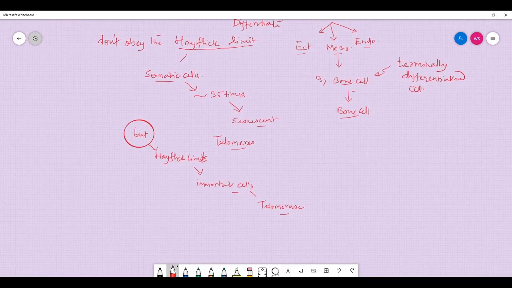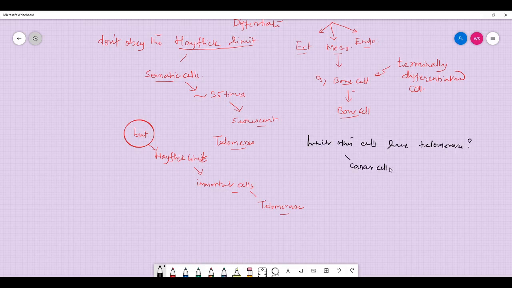So there is a question. Which other cells have telomerase enzyme? If you have answered cancer cells, you are correct.